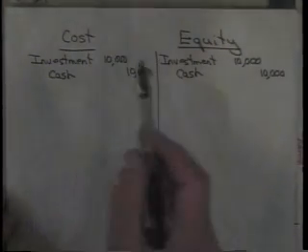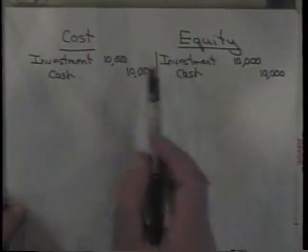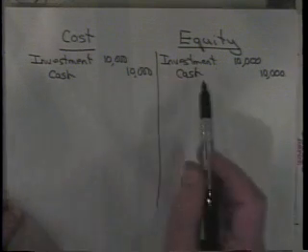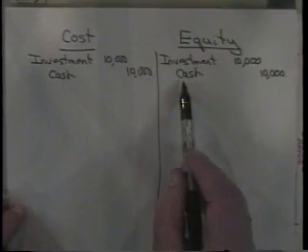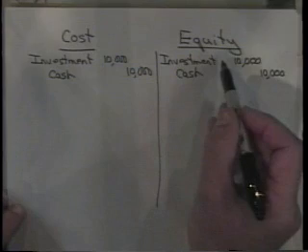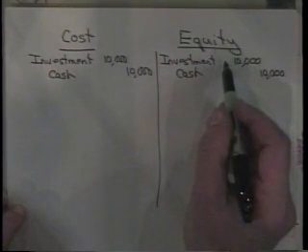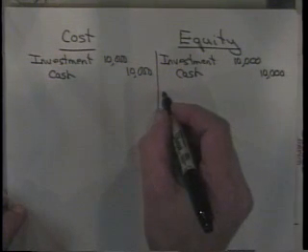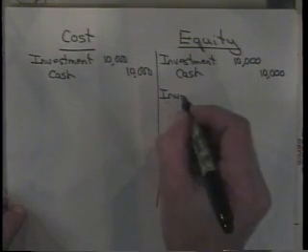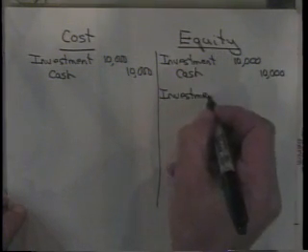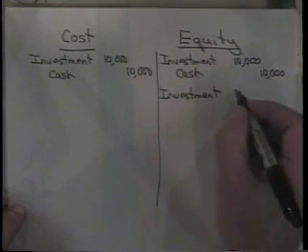Now, when the company makes a profit, over here nothing happens. Over here something does. So with profitability, let's say over here I own 30% of the stock and the company made $100,000, I would have a debit to my investment account for $30,000.